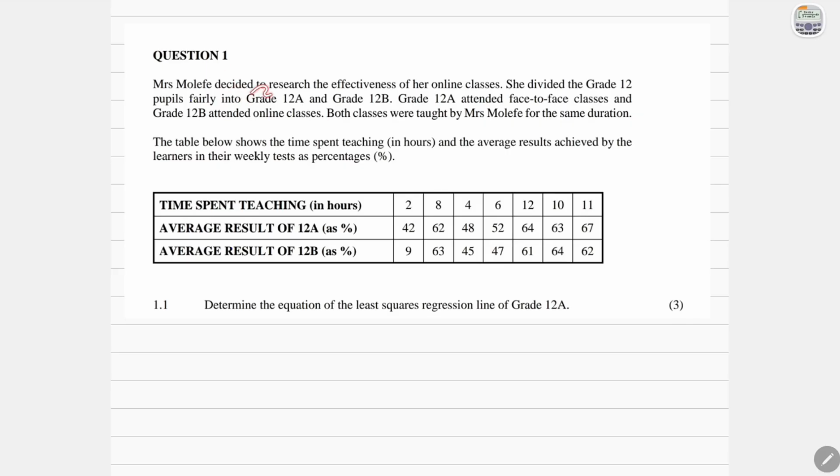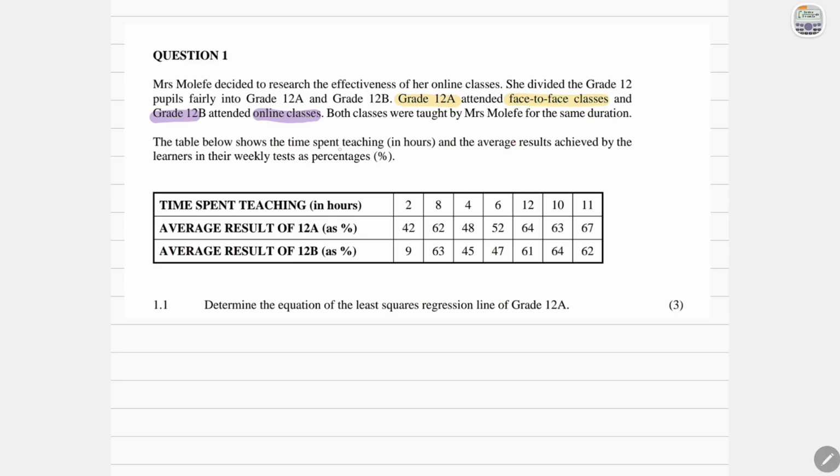Question 1 says Mrs. Molefe decided to research the effectiveness of her online classes. She divided the grade 12 pupils fairly into grade 12A and grade 12B. Grade 12A attended face-to-face classes and grade 12B attended online classes. Both classes were taught by Mrs. Molefe for the same duration.